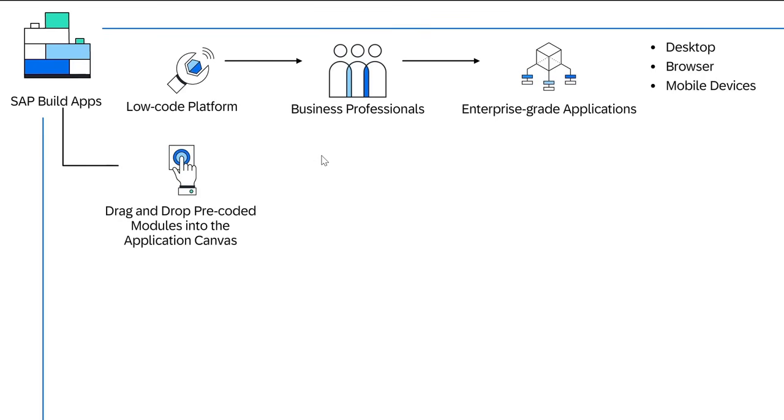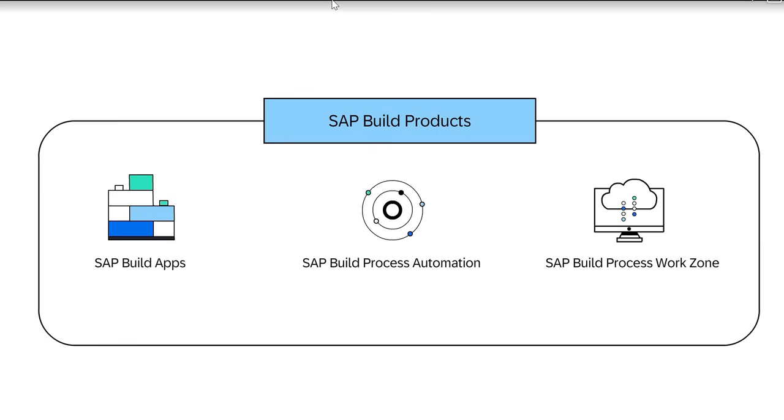These products are SAP Build Apps, SAP Build Process Automation, and SAP Build Work Zone. Now we will see what SAP Build Apps does and all the remaining things also.